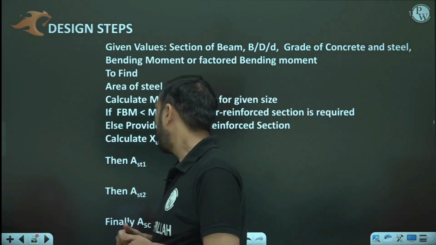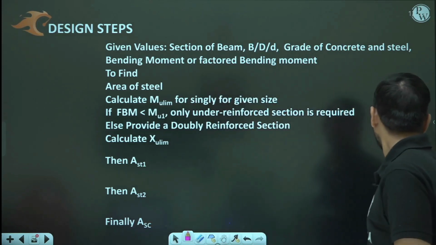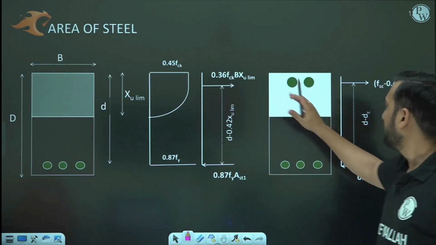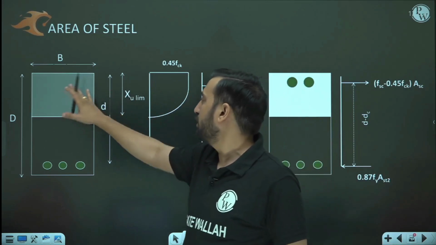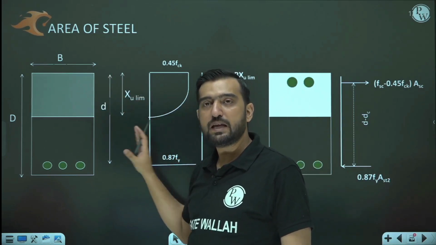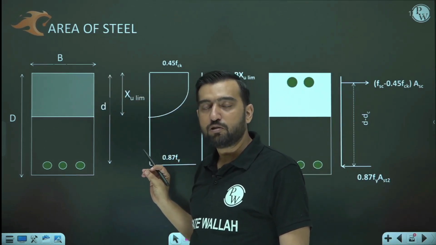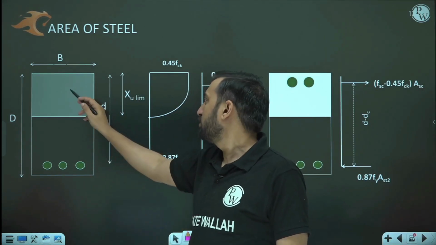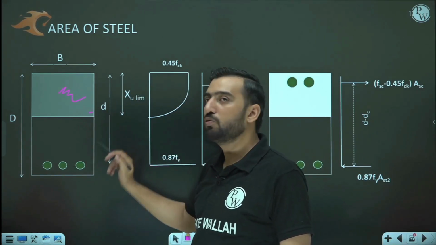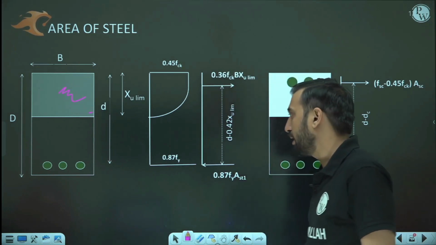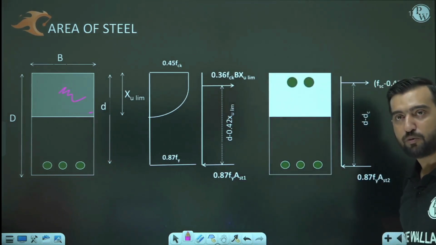If I want to split my total system into two parts, then part number 1 is responsible for Ast1. In the first zone, the resultant concrete force is going to be tackled with its corresponding steel.